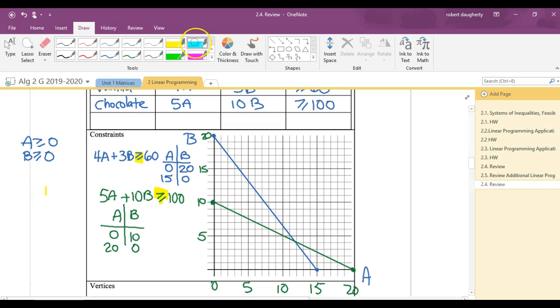So if I shade above both of those lines, I get this kind of feasible region. Those are the only points that are above both the green and the blue lines.